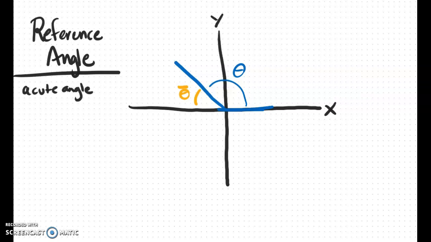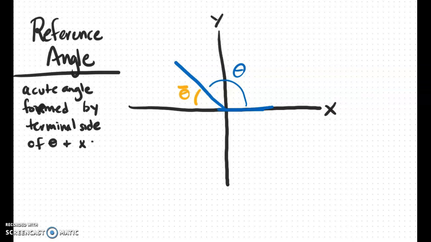An acute angle is an angle that's between 0 and 90 degrees that is formed by the terminal side of theta, the terminal side being the end where the angle ends, and the x-axis. So this would be an example of a reference angle in quadrant 2.